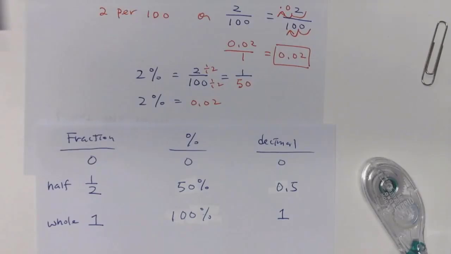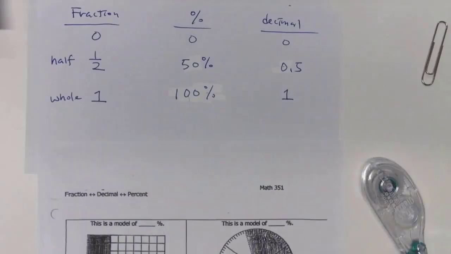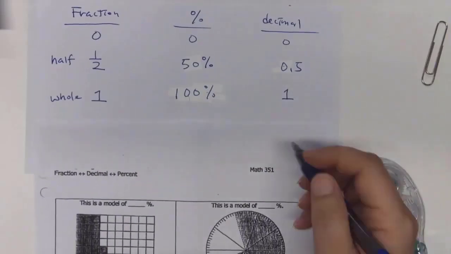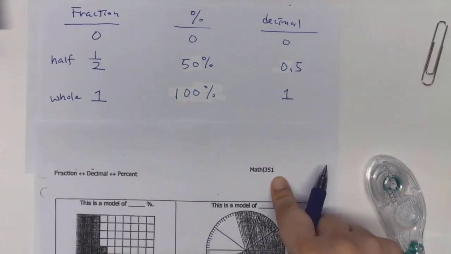So let's look at one of your handouts. If you have color pencil, get a color pencil or highlighter out. So we want to look at this.